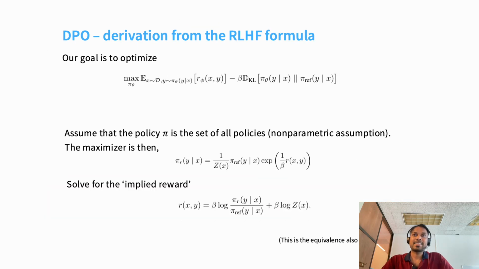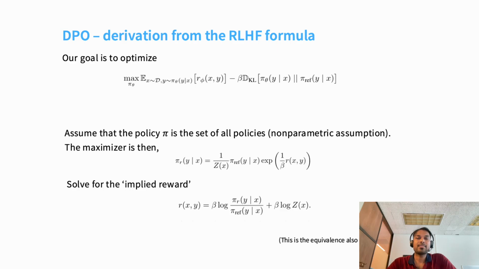So let's quickly look at deriving the DPO formula. What is our goal? Our goal is to optimize this quantity on the top. This is the PPO RLHF equation written as a maximization objective, which has the reward function term and the KL divergence term. DPO makes a non-parametric assumption, assuming that this policy does not necessarily come from a neural network, but is an arbitrary policy of any kind.